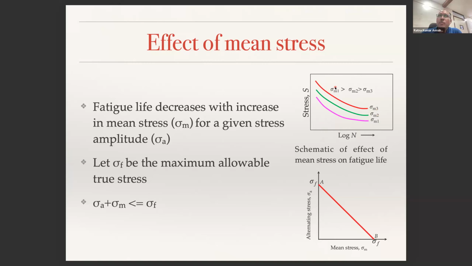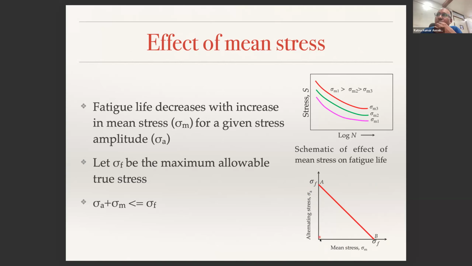Now, let us try to understand this. Suppose I plot the mean stress on the x-axis and the alternating stress, the stress amplitude sigma A, on the y-axis. When the stress amplitude is 0, what is the meaning of that?